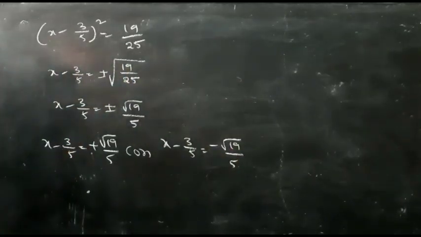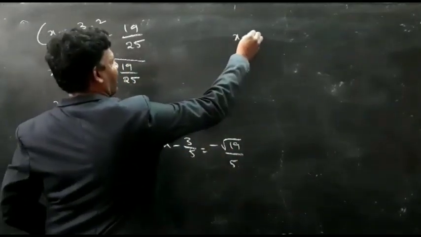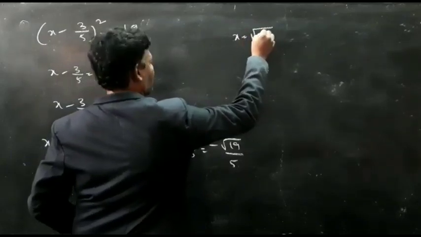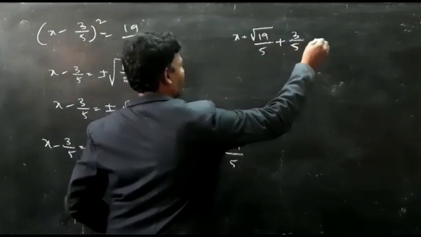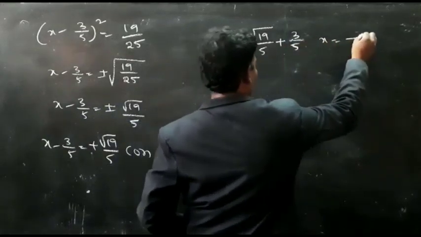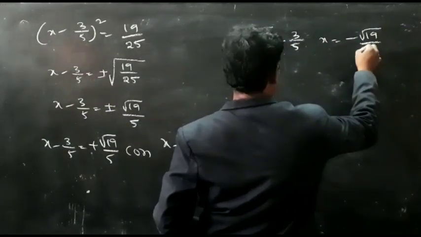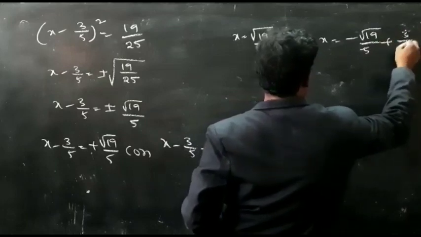Now send this to the other side. x is equal to root 19 by 5 plus 3 by 5. x is equal to minus root 19 by 5 plus 3 by 5.